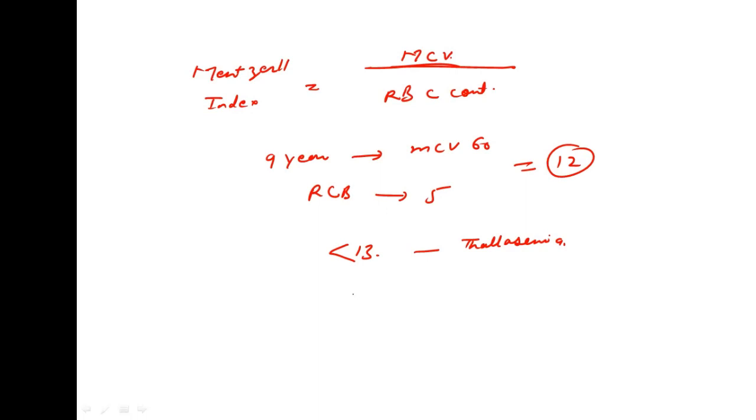And in case of iron deficiency anemia, it is more than or equal to 13. Right? So you can differentiate according to this also. If this Mentzer index is less than 13, then it is thalassemia. And in case of iron deficiency anemia, it is more than or equal to 13. Right?